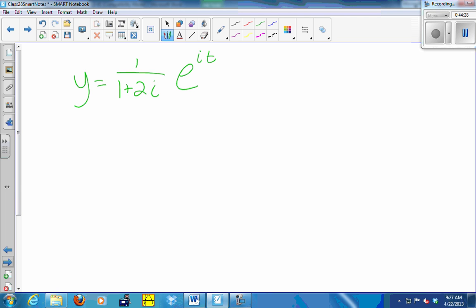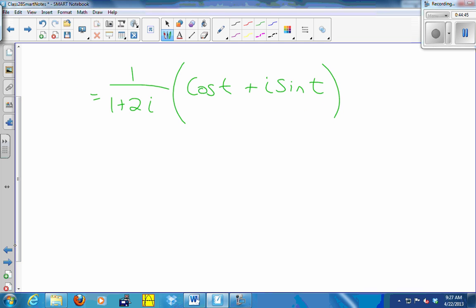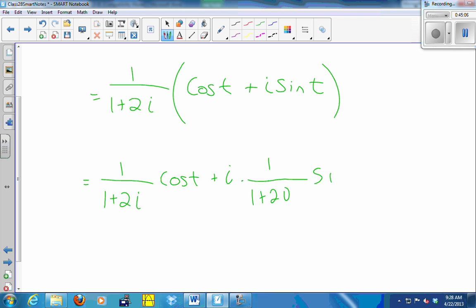Okay, apply Euler's formula to e to the it here. And remember that this function y is a solution to the forcing function e to the it, but also the real part and the imaginary part are both solutions.